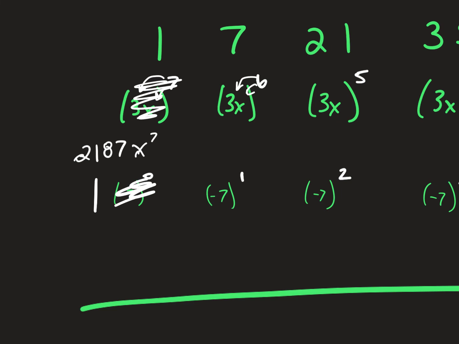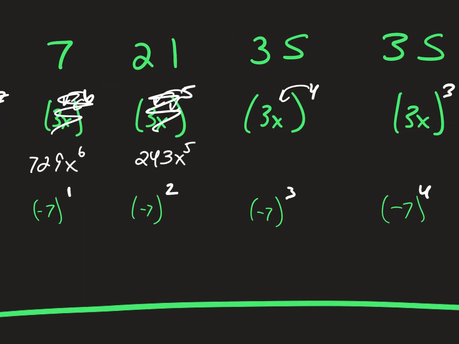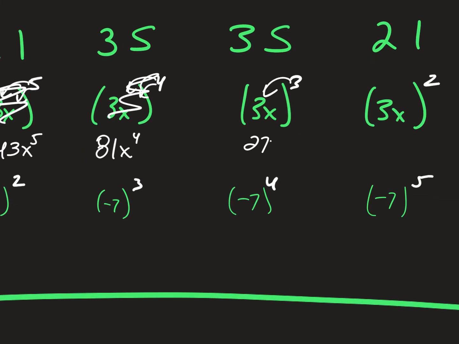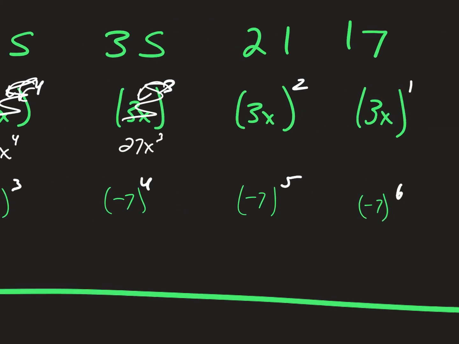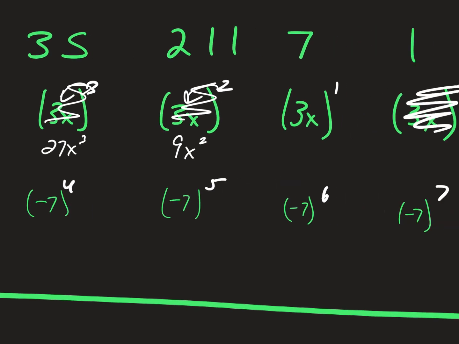What's 3 to the 6th? 729, x to the 6th. What's 3 to the 5th? 243. Okay, thank you. 3 to the 4th? 81. 3 to the 3rd? 27. 3 squared. And then 3x.